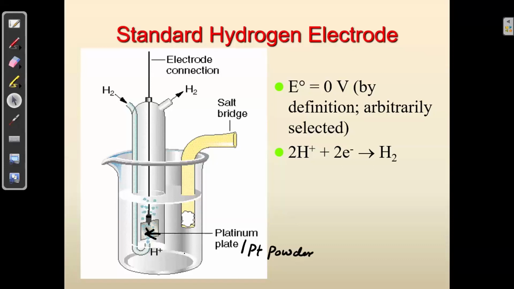Platinum powder is coated on the platinum plate to increase the surface area. This is the acid which has a concentration of 1 molar, 1 capital M, you can take HCl or H plus ions, and hydrogen gas at 1 atm is passed through this setup. And the potential of this cell is equal to 0 volt. It gives us the potential at 0.